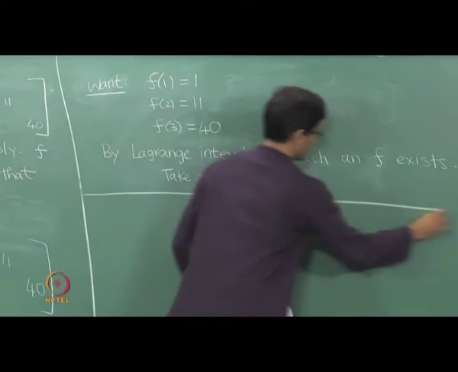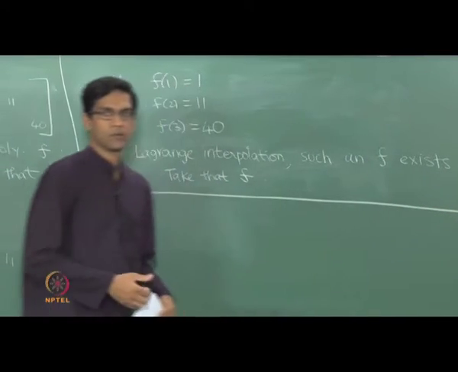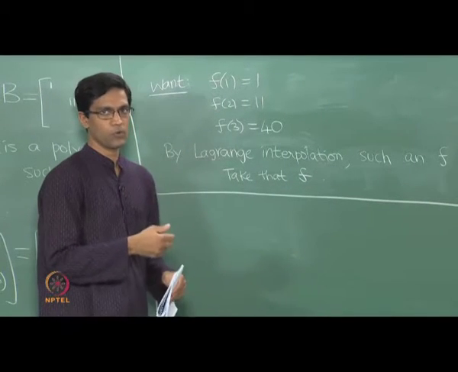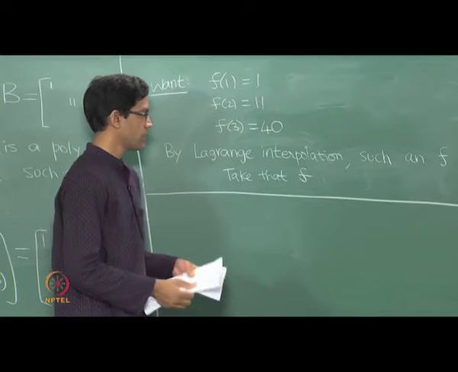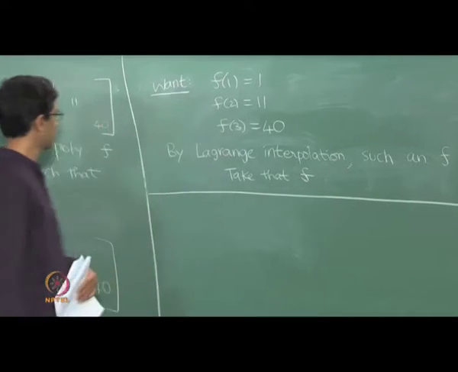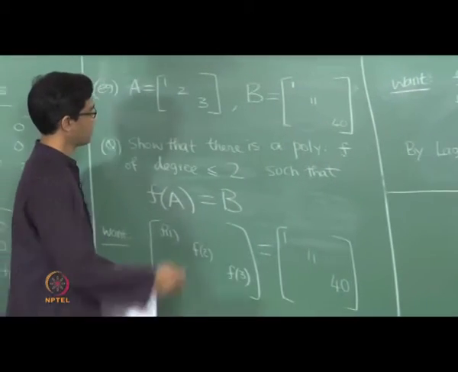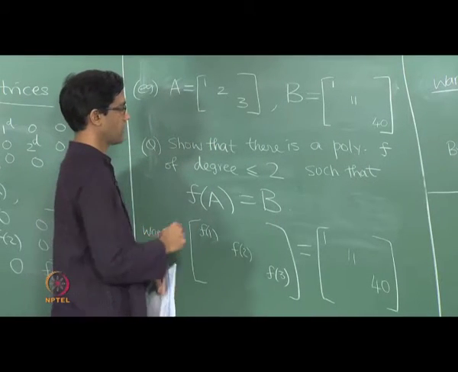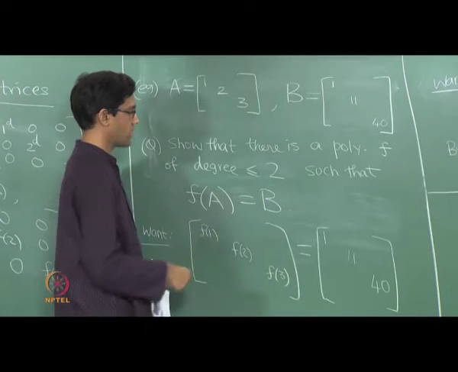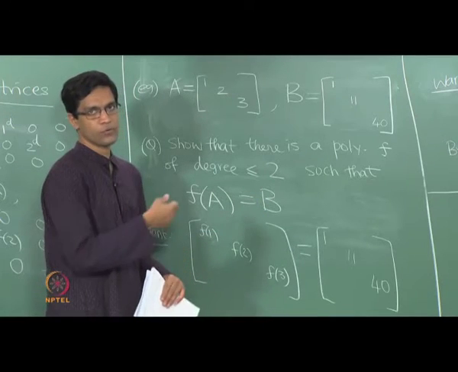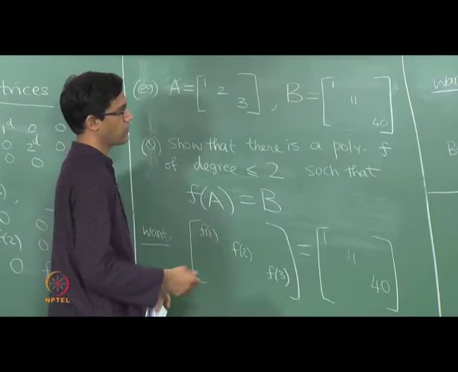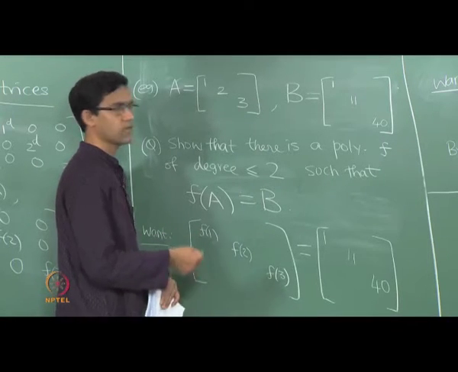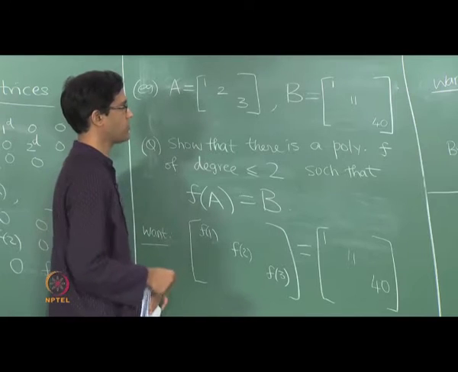Okay. So if we step back and think about what we have just proved for a minute, what we have said is that no matter what, let us come back here, you fix this particular diagonal matrix A, and observe that there is nothing sacred about 1, 11 and 40. You could have picked any 3 numbers y1, y2, y3, and Lagrange interpolation would have allowed us to find a polynomial which has those prescribed values.